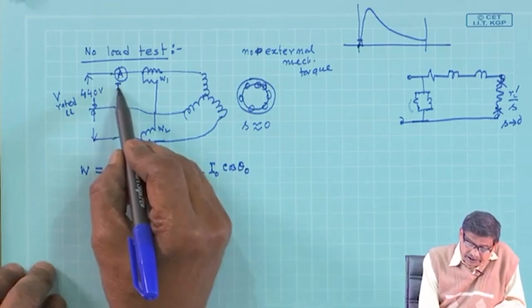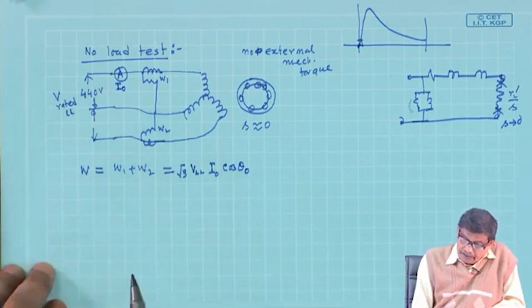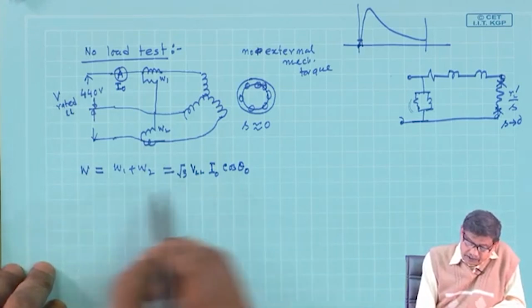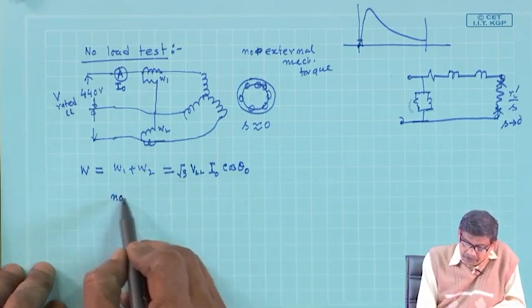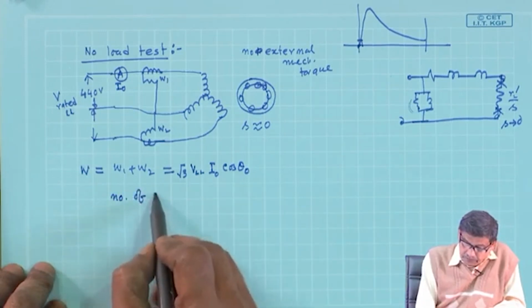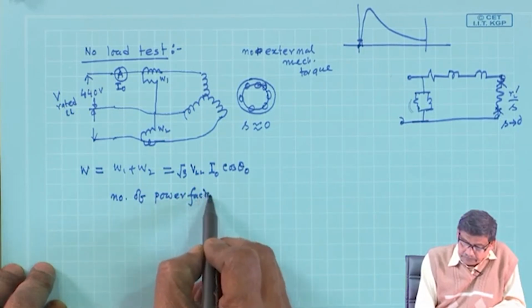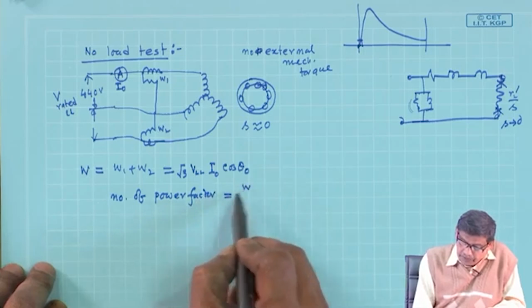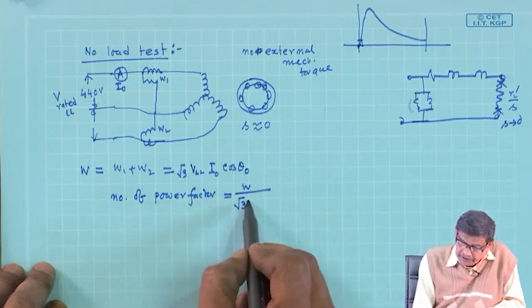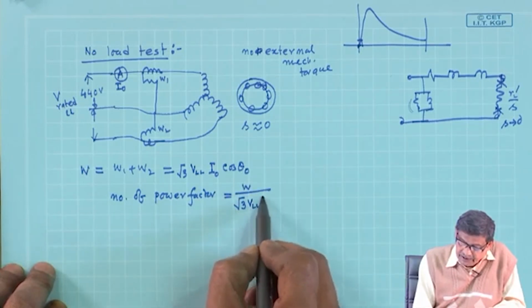The ammeter will record this I naught. Therefore, I can calculate the no load power factor to be W by root 3 VLL I naught.